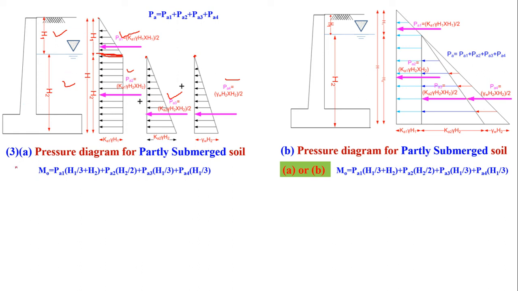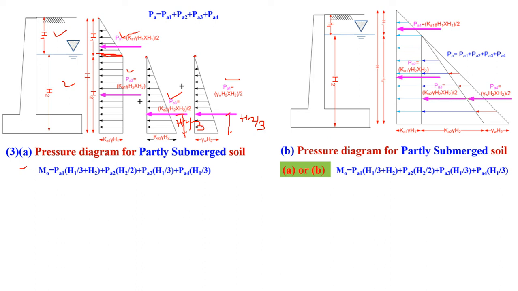Now, to get the moment, we just need to multiply each force by its position. For the triangle, the total height is H2, so the position is H2 by 3. The same applies here.